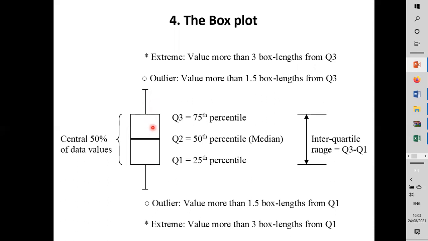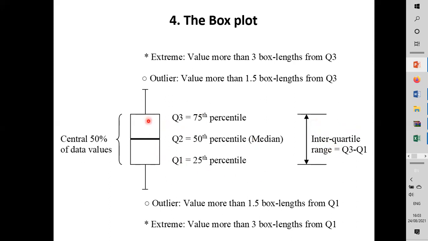So inside the box, there is 50%. The edge of this is called Q1, first quartile, or 25th percentile. This is called second quartile or 50th percentile, which is actually the median. This point is called the upper quartile, quartile 3. The distance between these two is the box length, called the interquartile range.